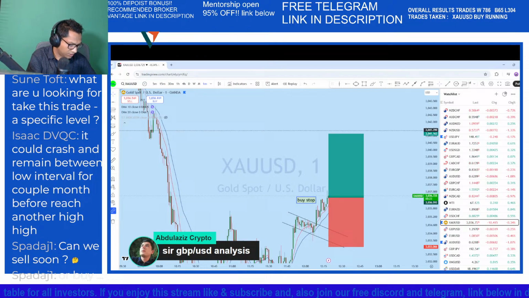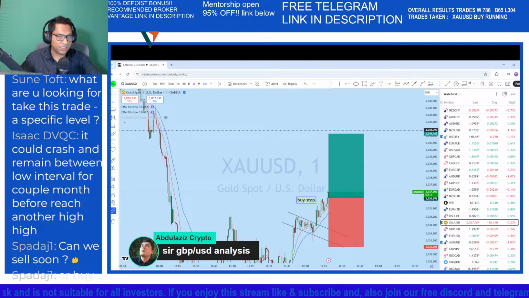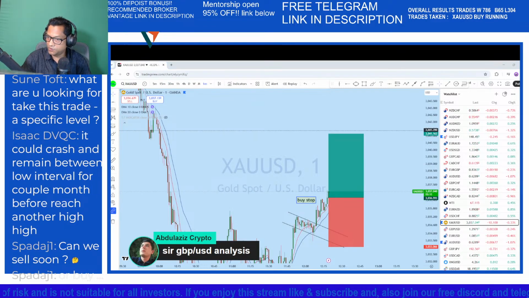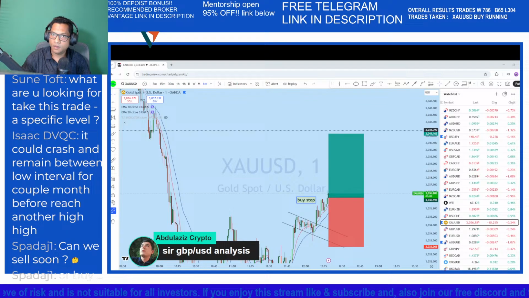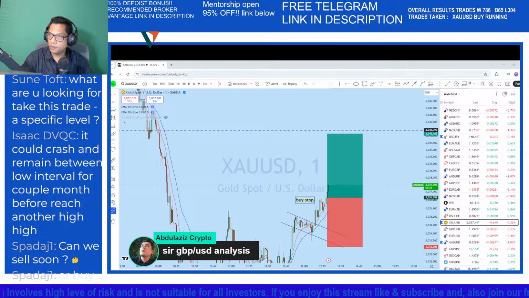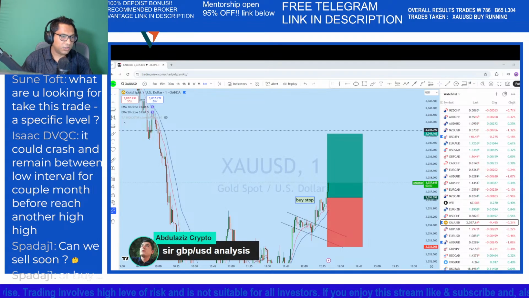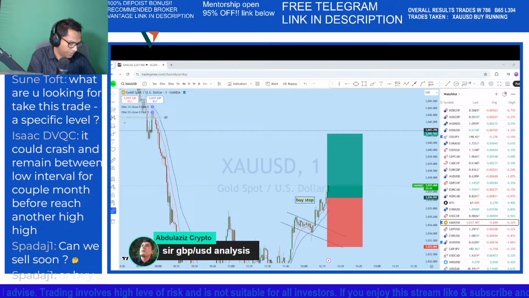So we're waiting to see. Okay, so you can see that movement heading to the upside. Okay guys, so we see a trend moving in that direction.